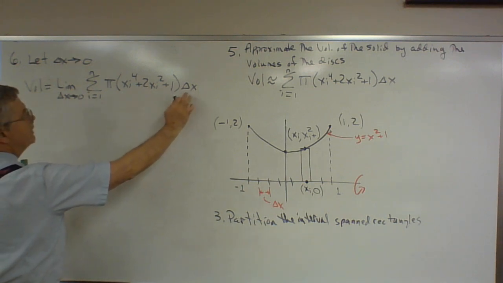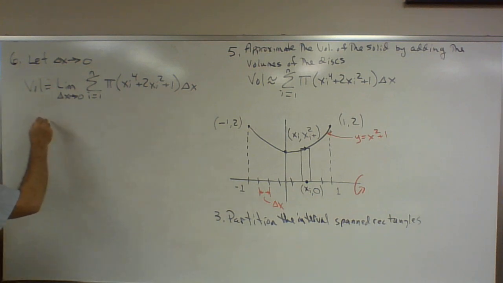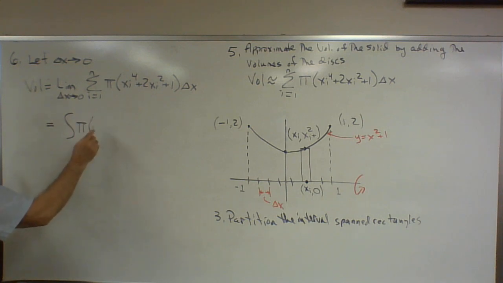We're computing the limit of a Riemann sum as delta x goes to 0. So the summation sign magically turns into an integral sign. And the x sub i's magically turn into x's.